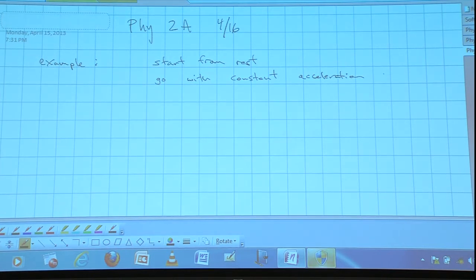This could be 5 meters per second squared, for a time of 7 seconds.